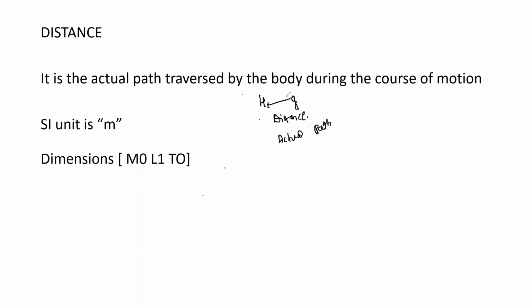The unit of this distance is taken as meter, because this is nothing but a length measurement. Therefore we say that the unit of distance is meter. It is denoted by small m.